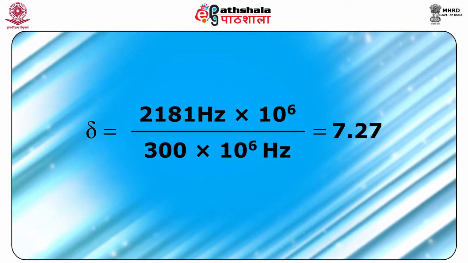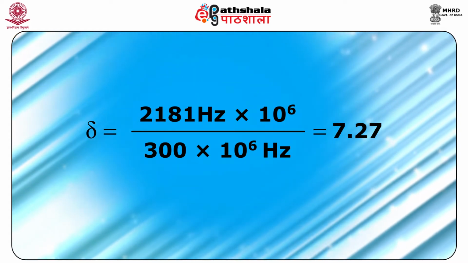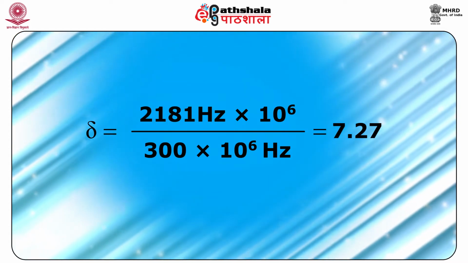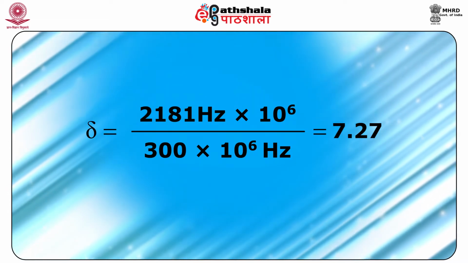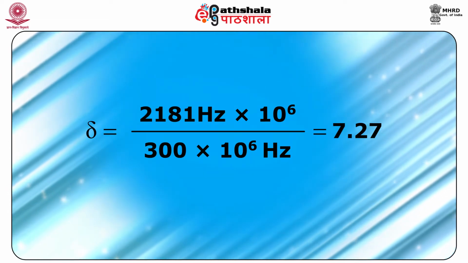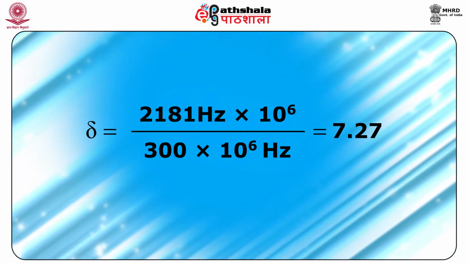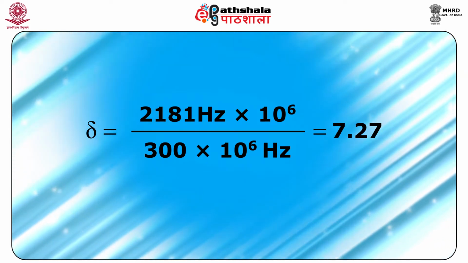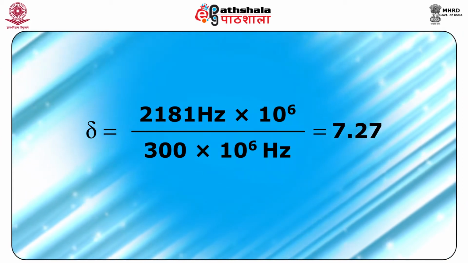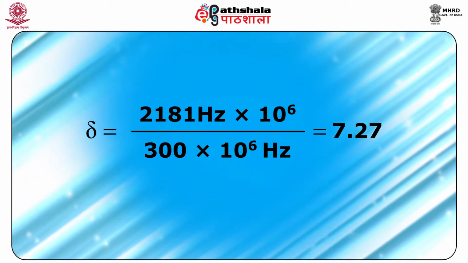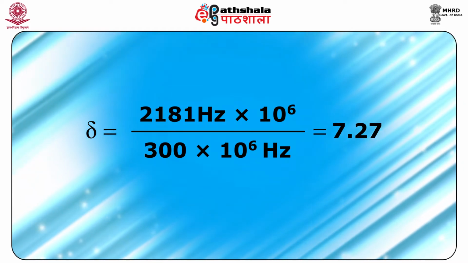The chemical shift of these protons is calculated using the same formula as stated above. Delta is equal to 2181 Hz times 10 raised to power 6 divided by 300 times 10 raised to power 6 Hz. This gives a unitless value, equal to 7.27 ppm.